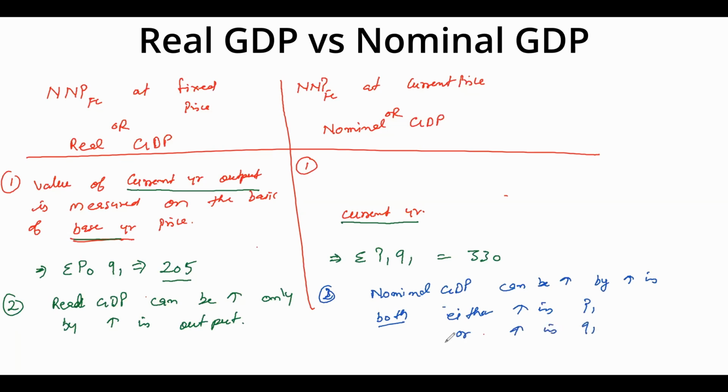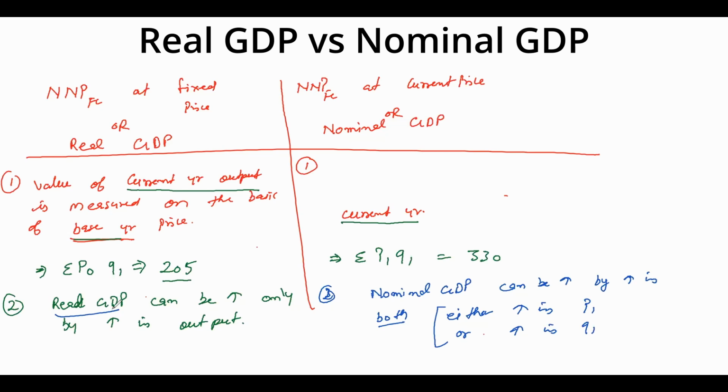So nominal GDP can be increased by both, या तो आप करंट ईयर का प्राइस चेंज कर लो और करंट ईयर का आउटपुट चेंज कर लो, but the real GDP can only be increased when the output of current year changes.